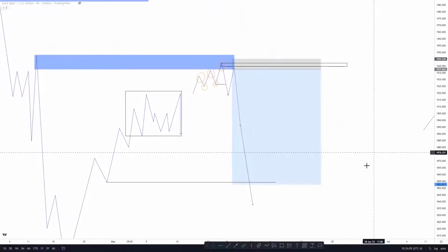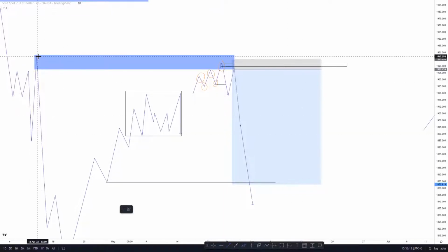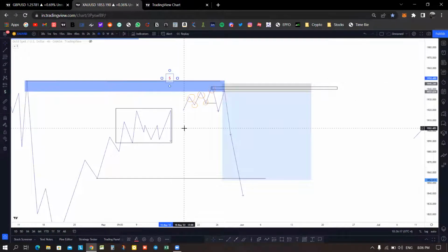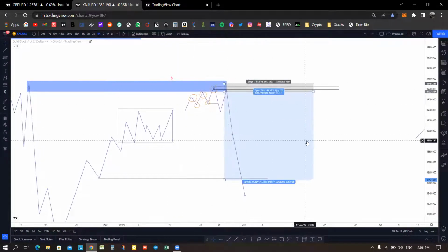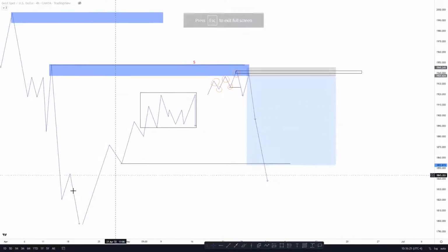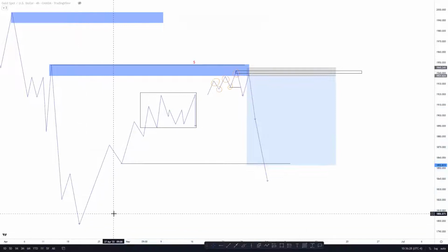If price comes here next time, this will probably be some kind of double top liquidity again. So only look for sells at one point of interest only one time, not 2 or 3 times.